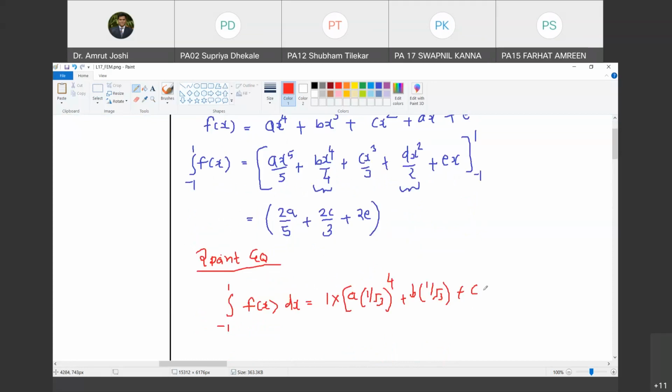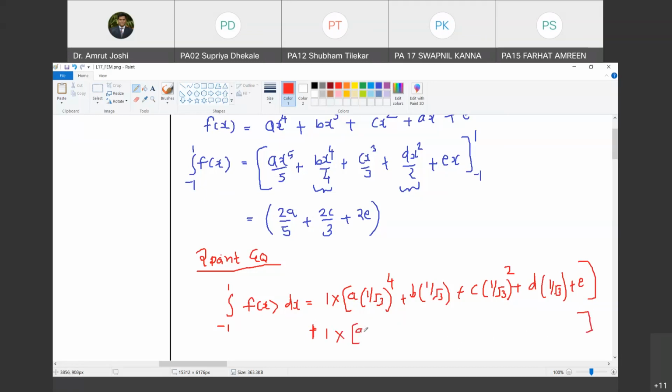Plus c into 1 by root 3 square plus d into 1 by root 3 plus e. This is w1 f of x1 plus w2, which is 1, into f of x2, minus 1 by root 3.